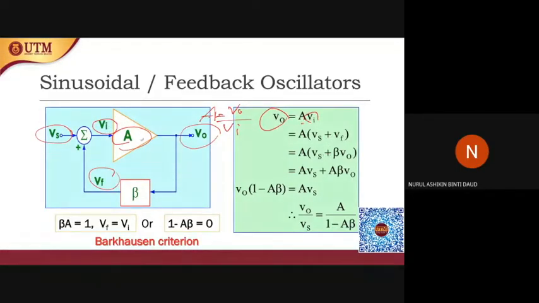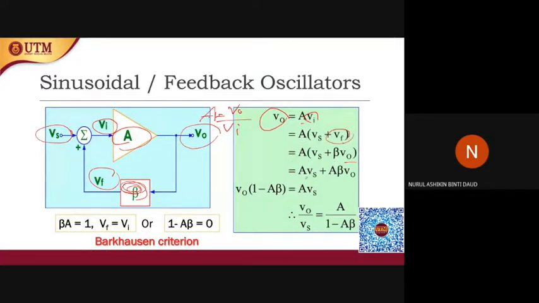Vs will be exactly the Vs value. Vf will come from the output voltage. This is also another gain, the feedback, even though it is a feedback, it is actually a gain, times beta. The output will be the value of Vf.